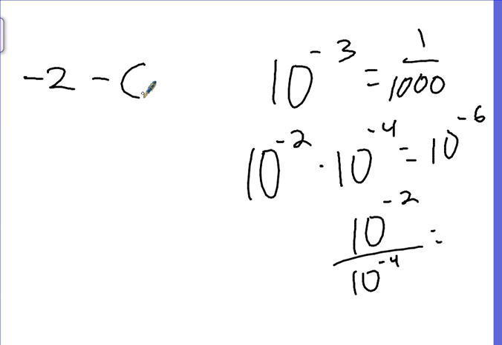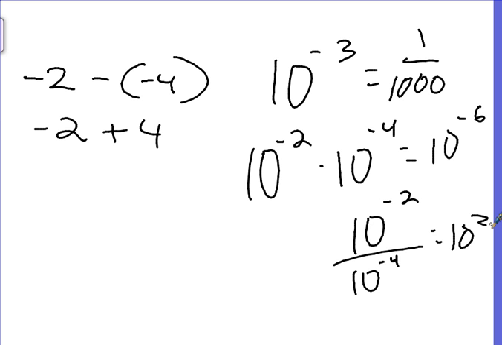So what is negative 2 minus negative 4? You've got two negatives in a row. Doesn't that become negative 2 plus 4? Right, because two negatives in a row make a positive. So negative 2 plus 4 would be? What's 4 minus 2? That'd be 2.